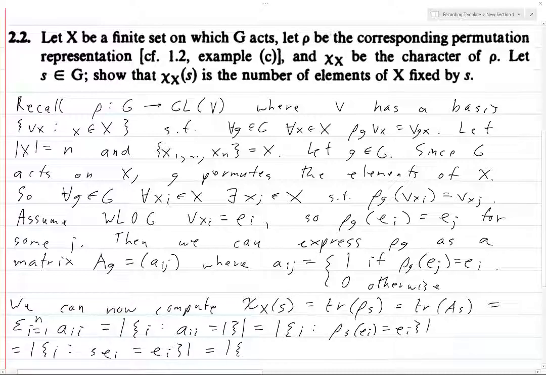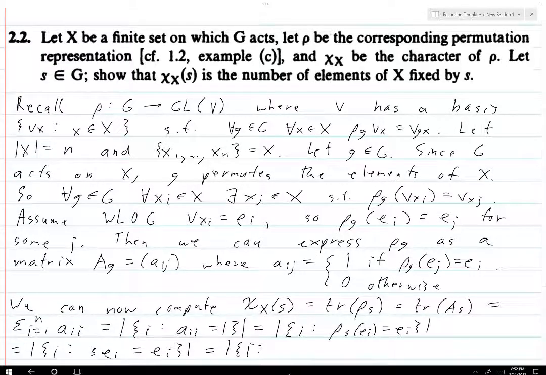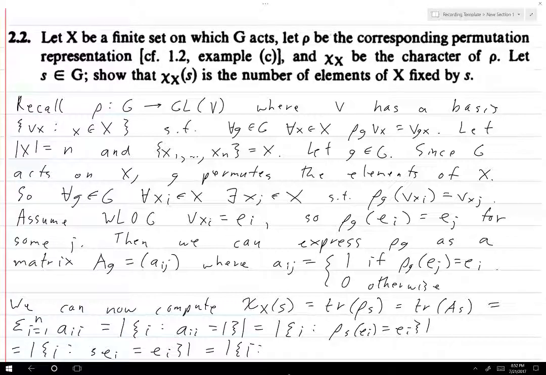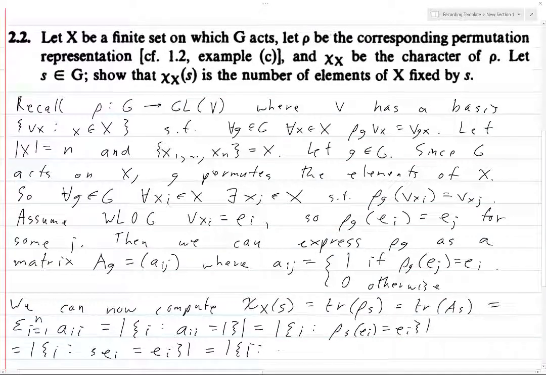But then we could just remember, because e_i equals v_{x_i}, this is the number of elements of X fixed by s, the i such that s x_i equals x_i. Does this make sense?